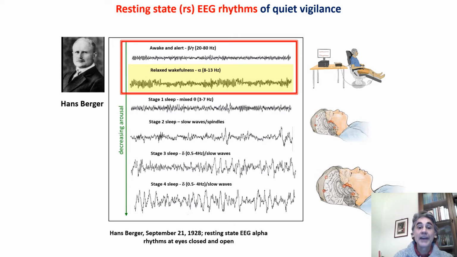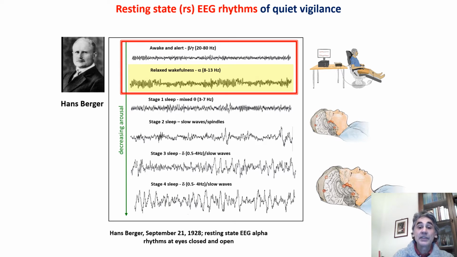He showed an ample oscillation of EEG activity in the posterior areas during eyes closed condition, and he called those rhythms alpha rhythms, from 8 to 13 Hz.